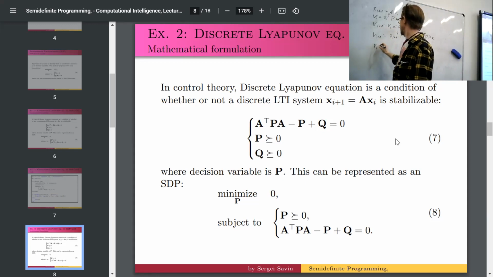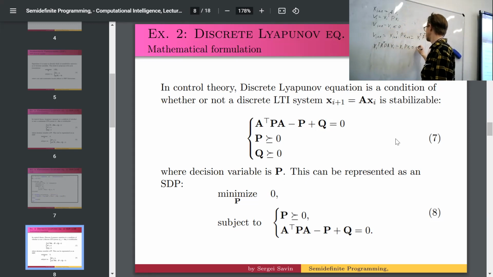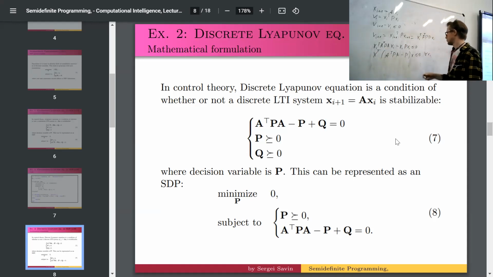It is x_i. It should be less than or equal to 0. Let's write it as a quadratic form. So here is your condition, and here is your discrete Lyapunov equation.